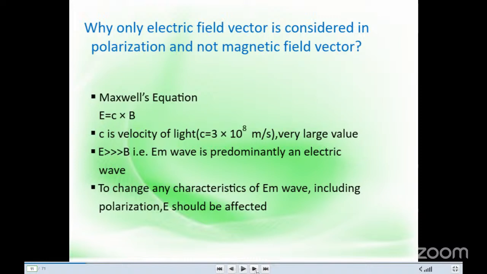So E is far greater than B, that is, an EM wave, electromagnetic wave, is predominantly an electric wave. So to change any characteristics of an electromagnetic wave, including polarization, the electric field E should be effective.